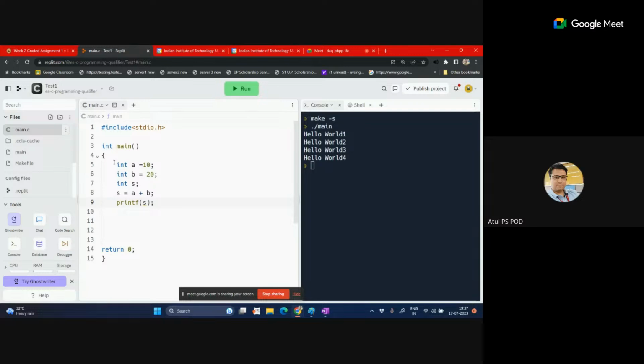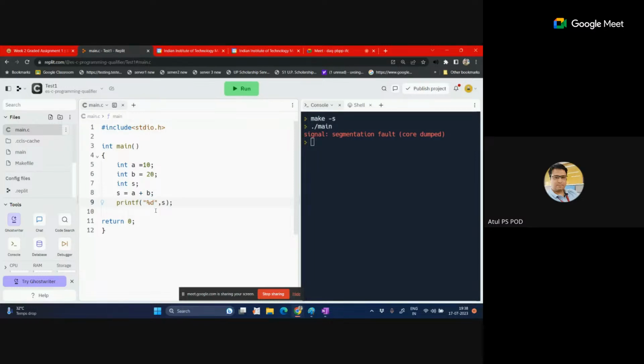So we will simply write percent d. For integer, we write this percent d. This is called a format specifier. For an integer value, we write percent d. If you want to print a float value, you will write percent f.